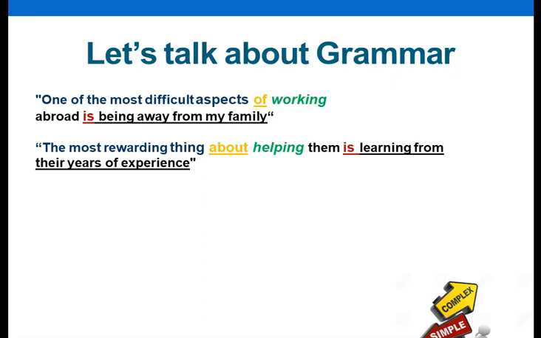One of the most difficult aspects of working abroad is the subject of the sentence, and the predicate is being away from my family. The same with the second sentence. The subject is the most rewarding thing about helping them, and then everything that goes with is and after is the predicate: is learning from the years of experience. That's how the subject and the predicate are connected in this complex sentence with the help of the verb is.